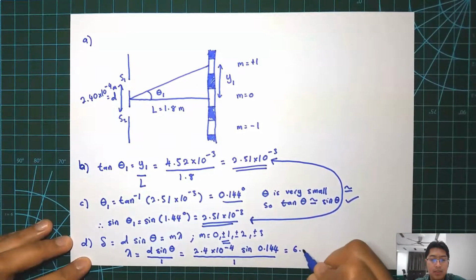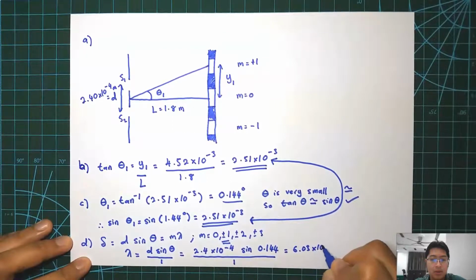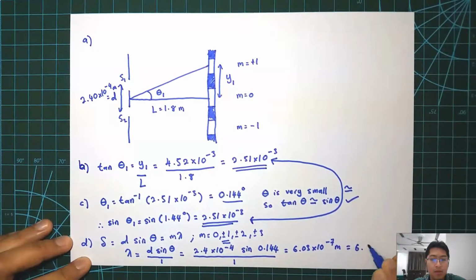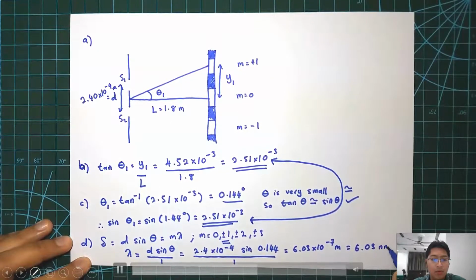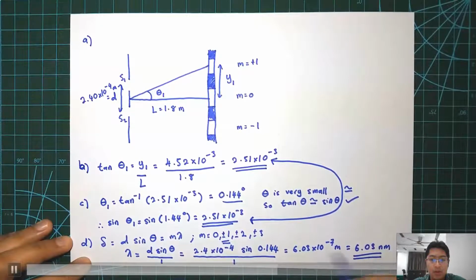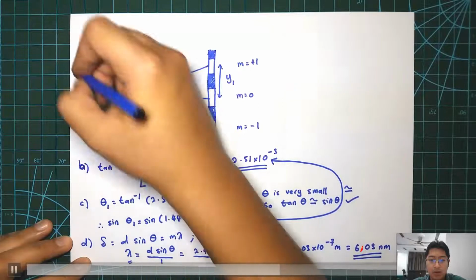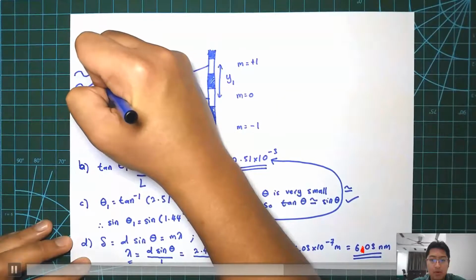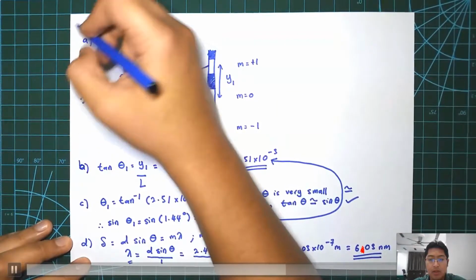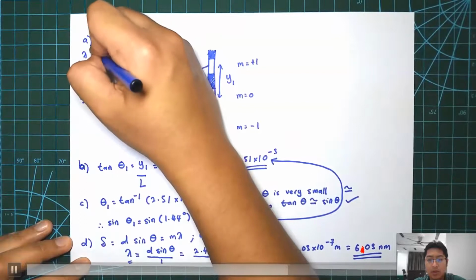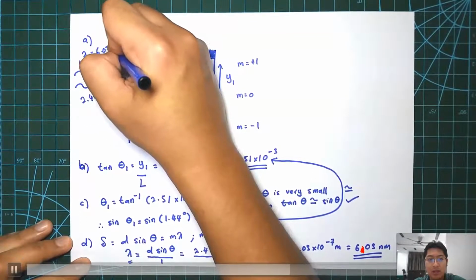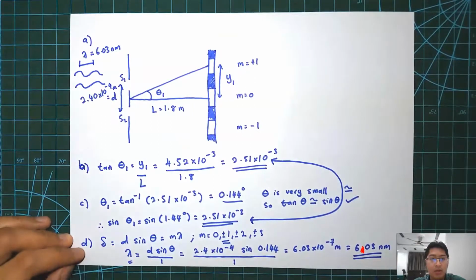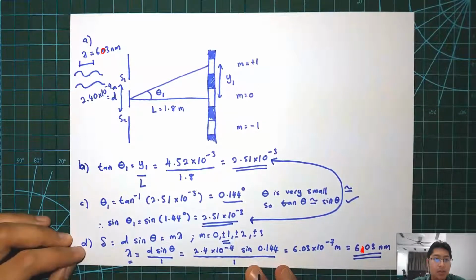So the answer is 6.03 times 10 to the power of negative 7. You just remove this dot, because it's actually 603 nanometer, not 6.03 nanometer. It's 603 nanometer.